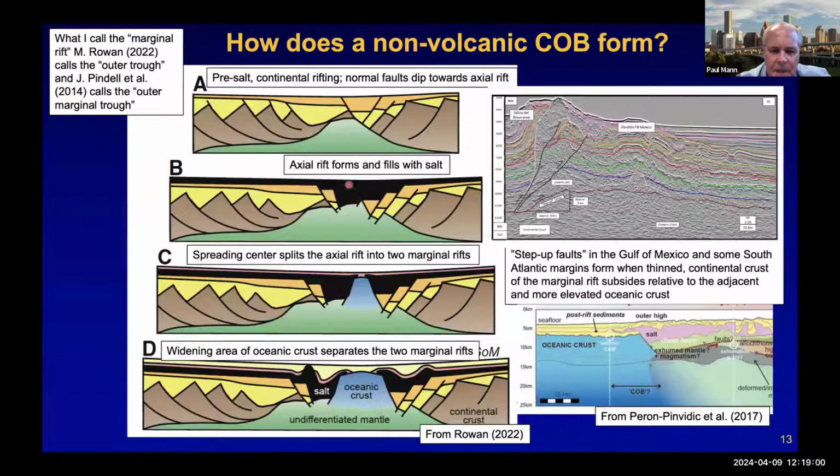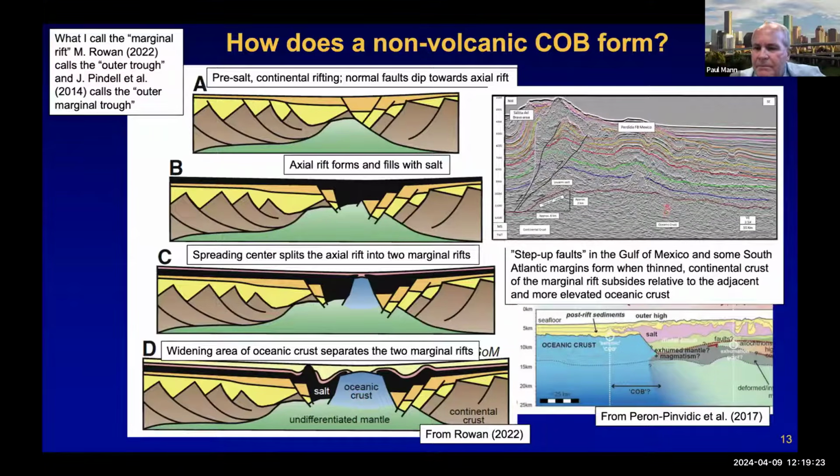We have a central rift axis here, with the black being evaporites filling it. And then at some point, the ocean crust pokes up and divides this central rift into two marginal rifts. So they're basically half of a rift on either side. And then these two marginal rifts get pushed aside as the ocean crust widens.